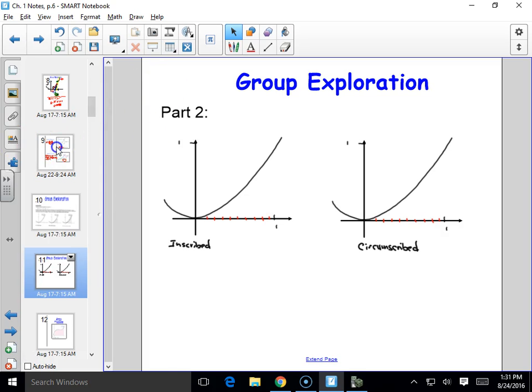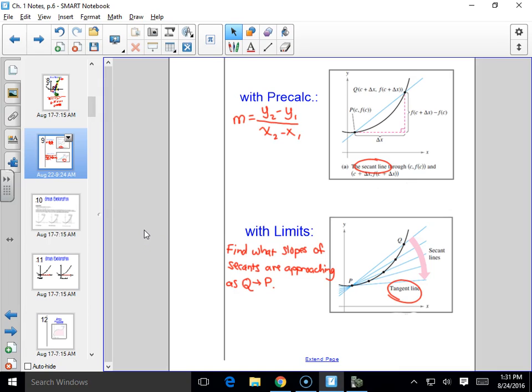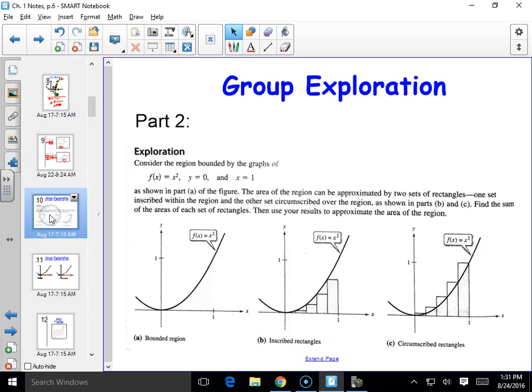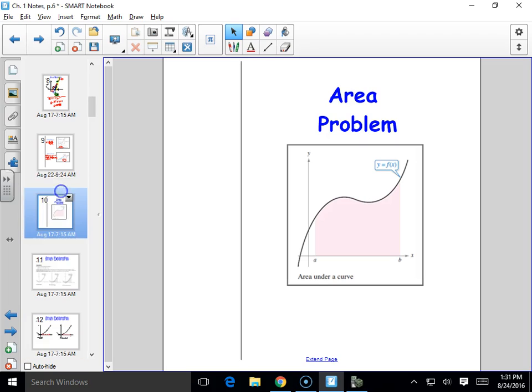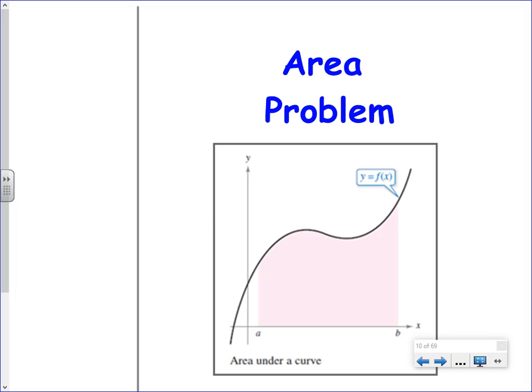All right, so you guys are just writing down. Formula.